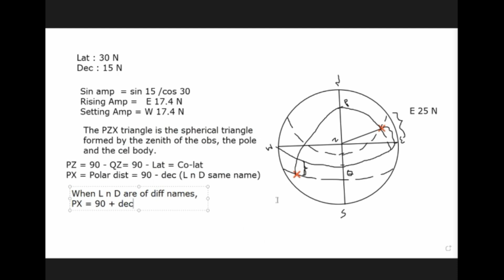You have to be very careful to use this, because many people made mistakes because they did not draw the diagram. They directly approached the problem and took the polar distance as 90 minus declination, whereas it was different and it should have been 90 plus declination. They got a different answer with the sign different, and they also fell into all sorts of complications.